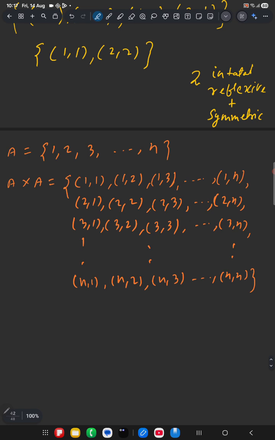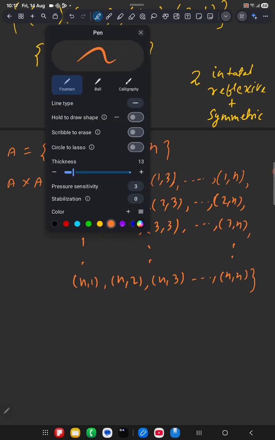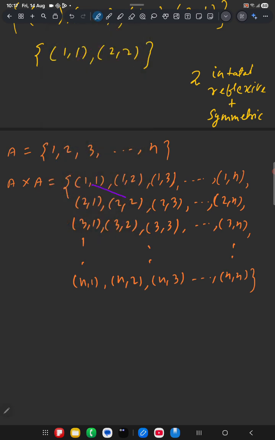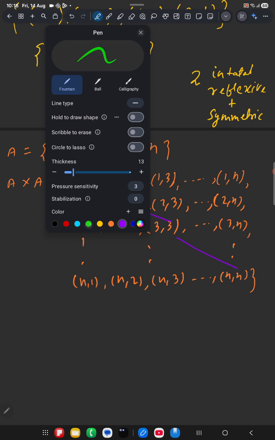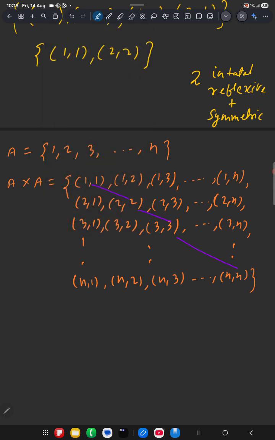We have to find the number of reflexive as well as symmetric relations. Now you already know about the diagonal elements, where the first and second entries are the same: (1,1), (2,2), (3,3), the reflexive type of elements. Your relation must contain those elements which are reflexive, that is (1,1), (2,2), (3,3), up to (n,n) have to be there.